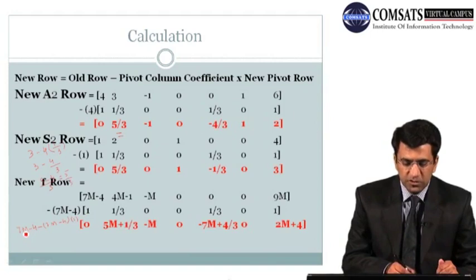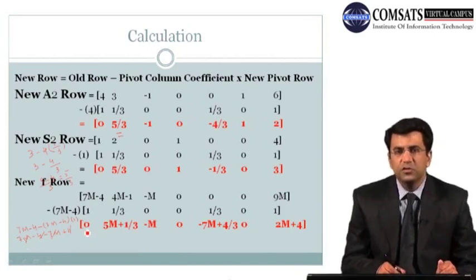Now if we solve this equation, this will become 7m minus 4 minus 7m, minus minus plus, it will become 4. So this is plus 4, this is minus 4, this is 7m, and this is 7m, so it will become 0. So that's why we have put that 7m here. So it is always good to compute all of these values in order to avoid any sort of miscalculation.